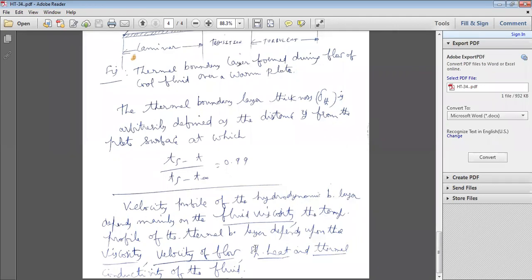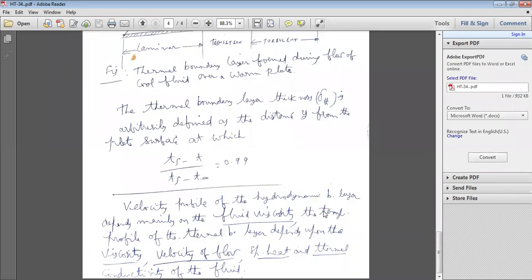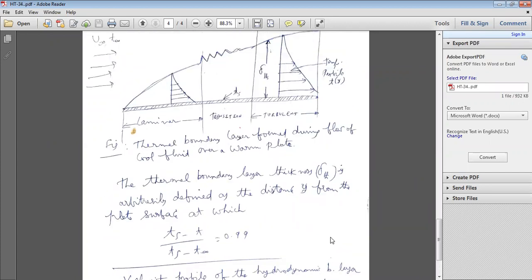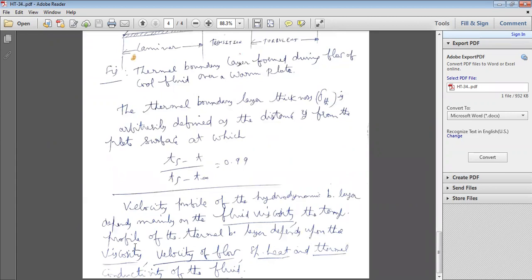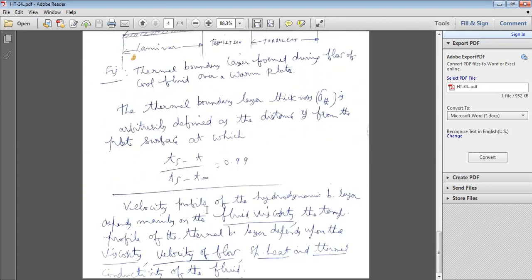But the temperature profile of the thermal boundary layer depends upon the viscosity of the fluid, velocity of the flow, specific heat of the fluid, and thermal conductivity K of the fluid.